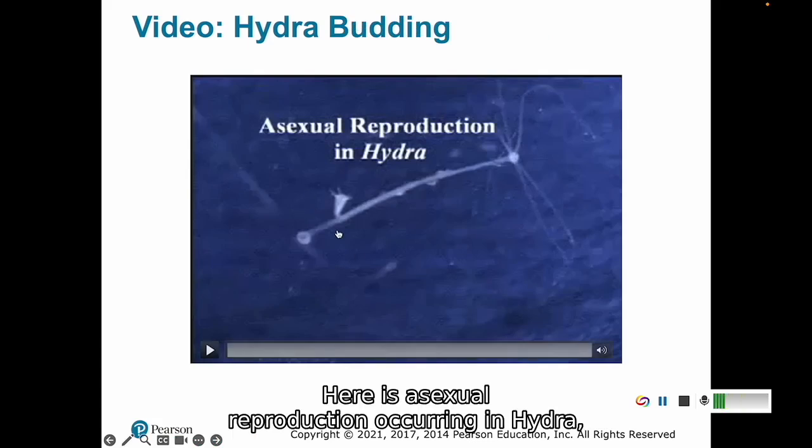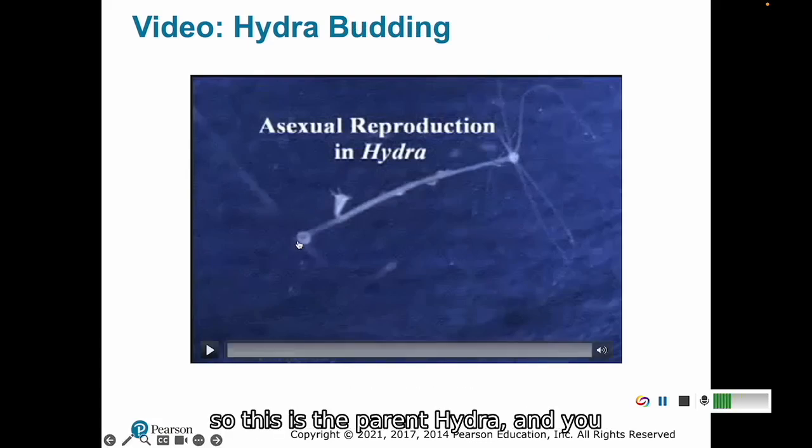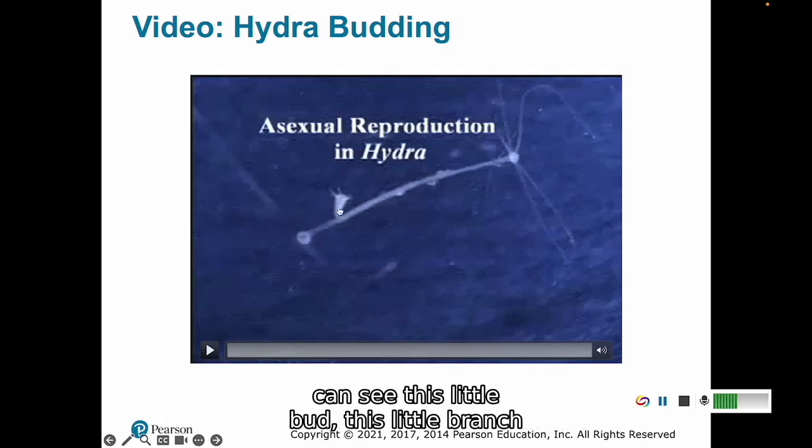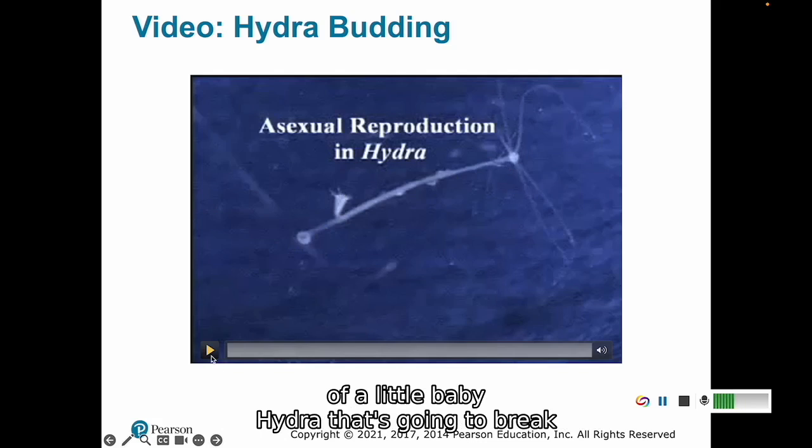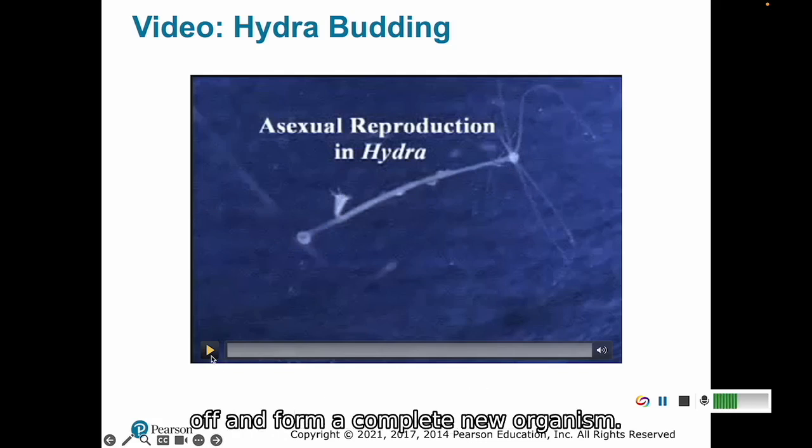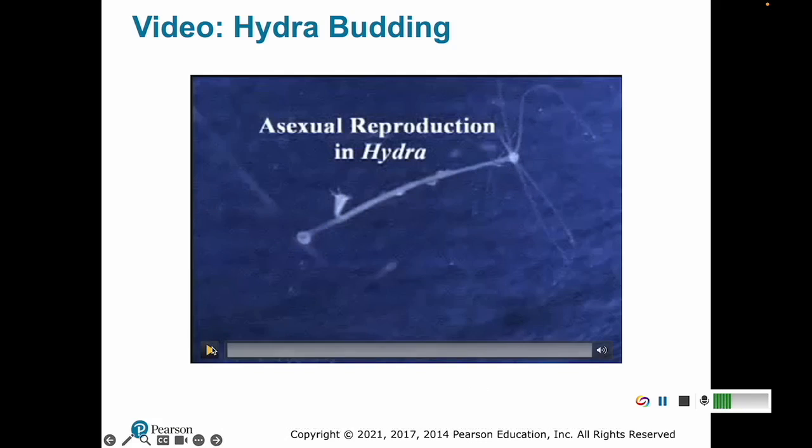Here is asexual reproduction occurring in hydra. So this is the parent hydra, and here you can see this little bud, this little branch of a baby hydra that's going to break off and form a complete new organism.